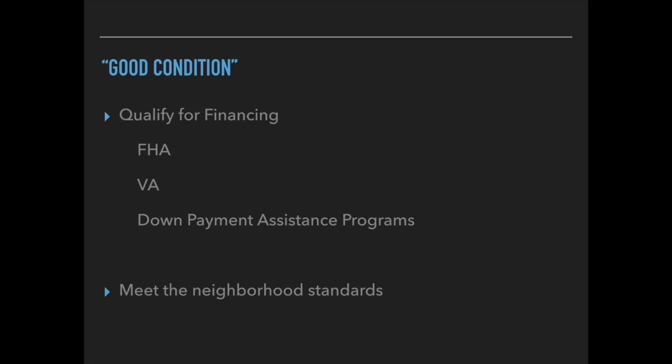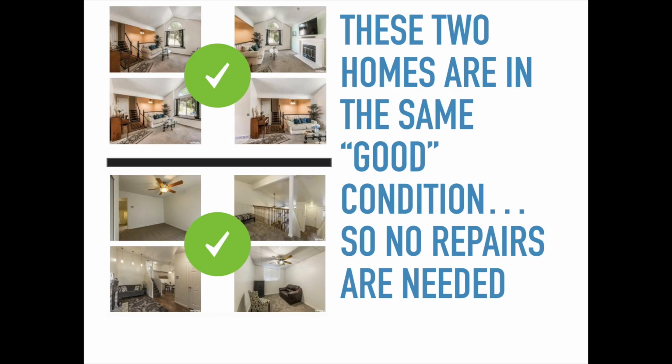Okay, so let me give you a couple examples, and it may be a little challenging to see, but bear with me on this. The very top example there is my neighborhood standard. The very bottom one is my property, my existing property.